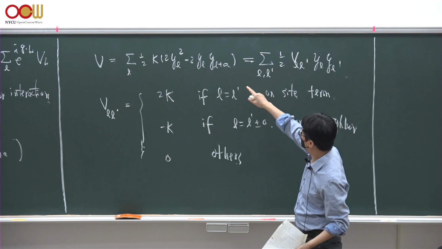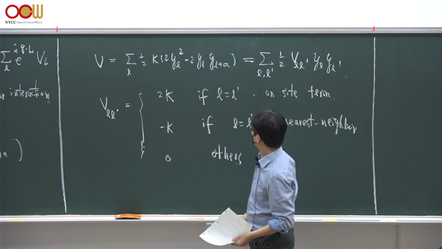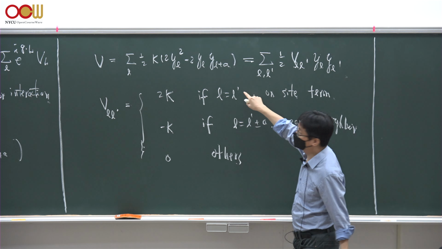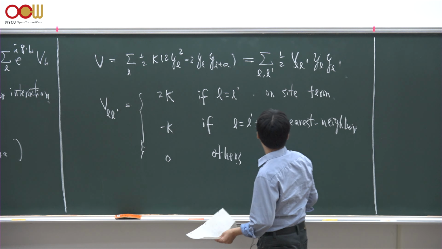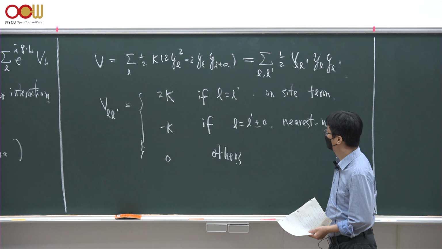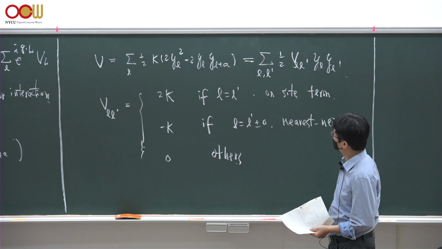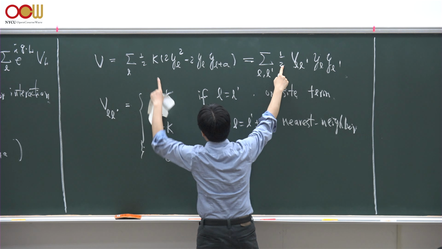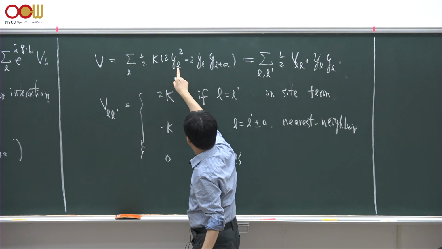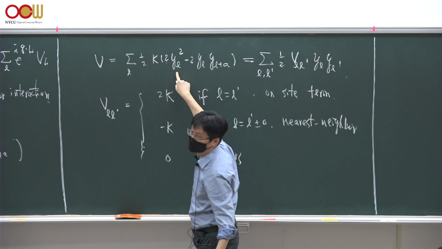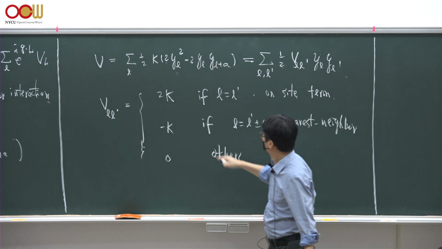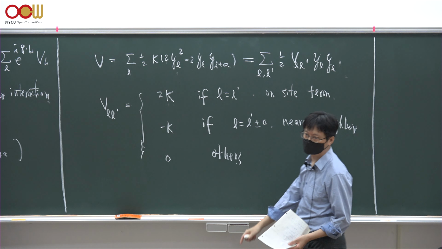If you plug in this condition here and compare the coefficient in front of y_l prime, you will get 2K, because there is the 1/2 here and 1/2 there. So when l is the same as l prime, you get 2 times y_l squared, and therefore times K, so this coefficient is 2K.